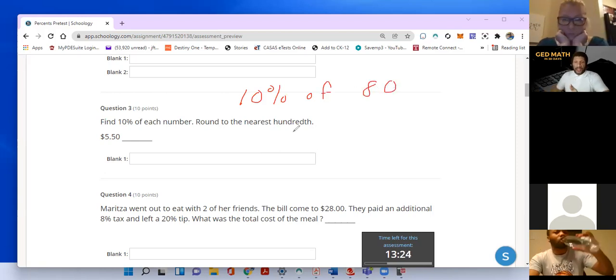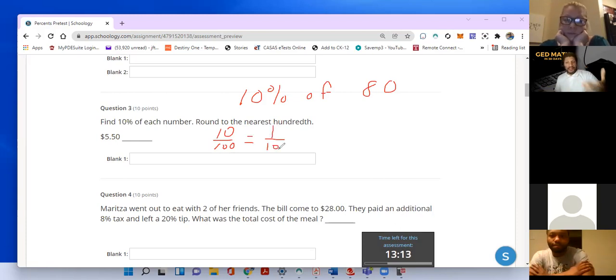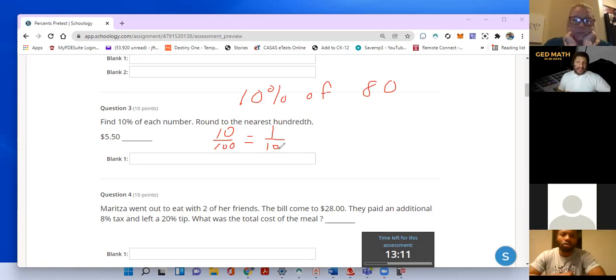Well, if you understand what 10% is, 10% is 10 out of 100. 10 out of 100 is the same as 1 over 10. So anytime you want to find 10% of a number, you're just dividing by 10. Now, just like powers of 10, dividing by 10 is just moving the decimal one place to the left. So to find 10% of any number, you just move the decimal one place to the left.